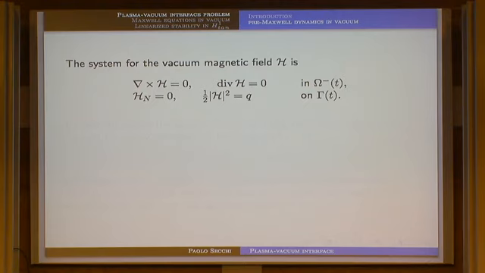If we take the system for the vacuum magnetic field H in omega minus, we are considering these two equations, curl equal to 0, divergence equal to 0. On the interface, the normal component of H is 0, and also from the continuity of the total pressure, we also have this equation here.